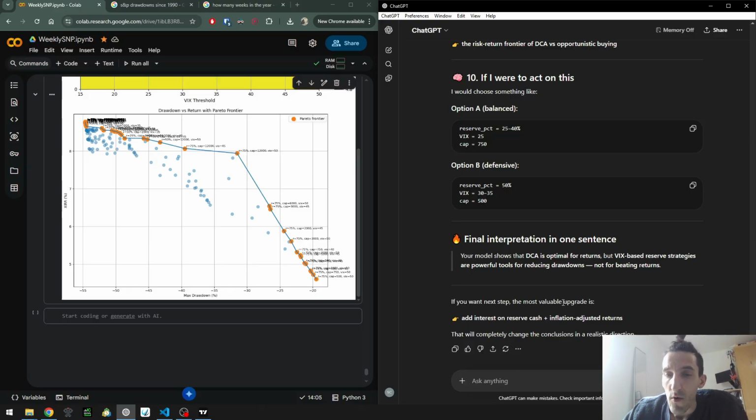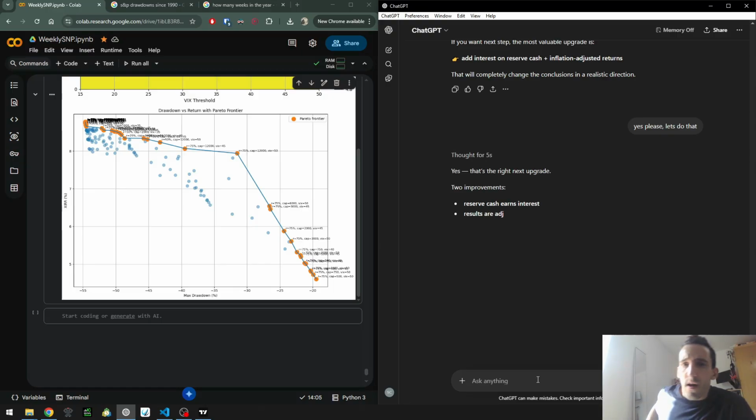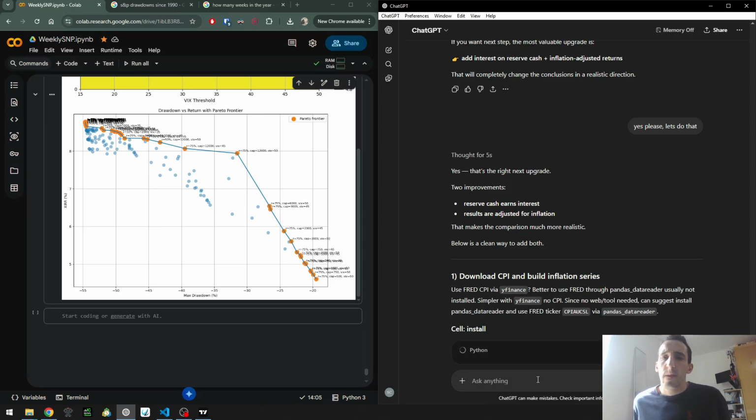If you want a next step, the most valuable upgrade is to add interest on reserve cash, inflation adjusted. Yes, please. Let's do that. I think, where are you going to get 3% interest from? Last couple of years it was kind of profitable, but before that it wasn't good at all. Yes, that's the right next upgrade: reserve cash earns interest and results are adjusted for inflation.